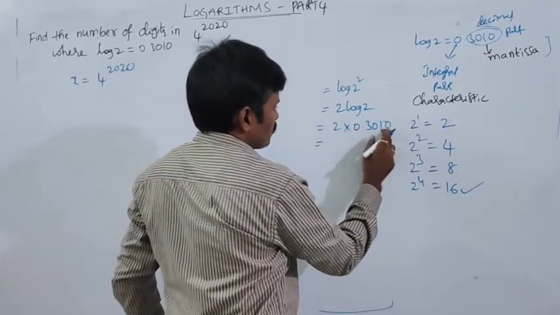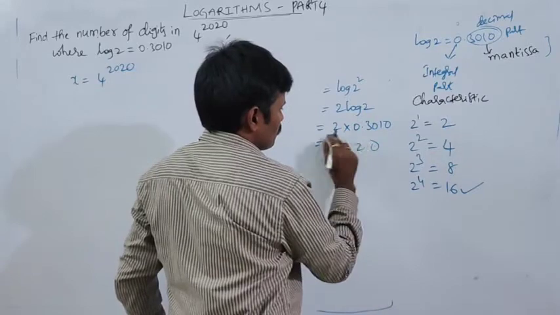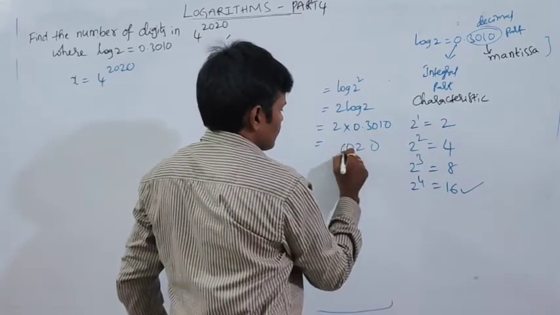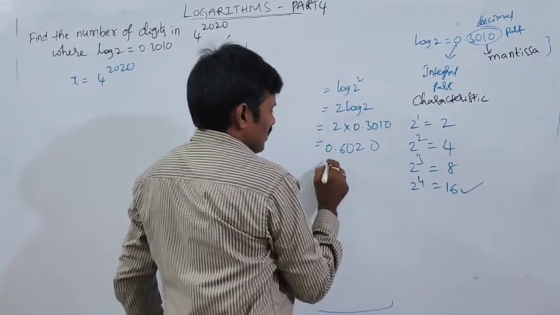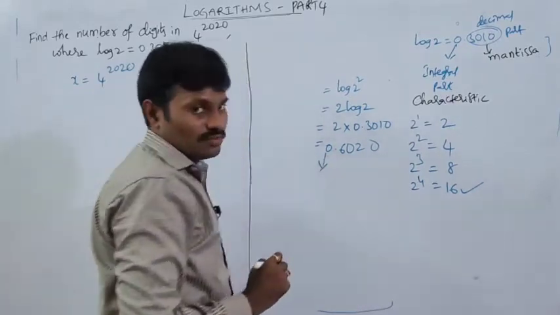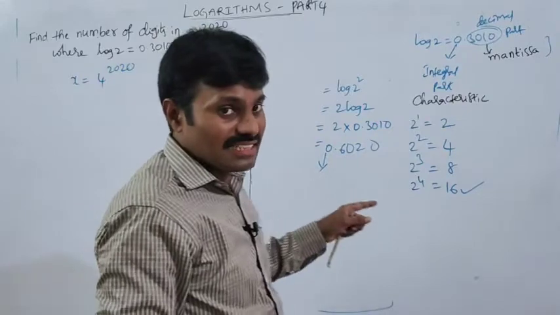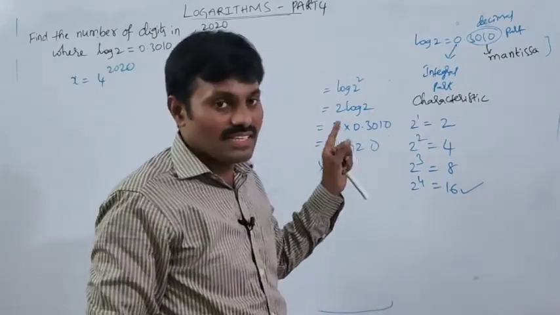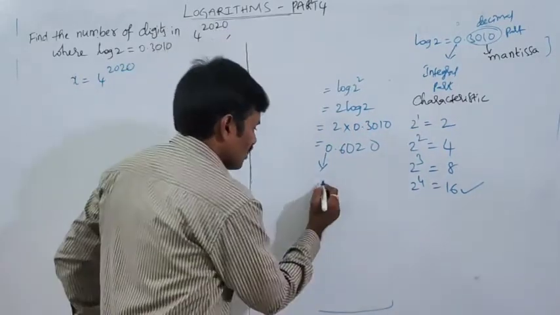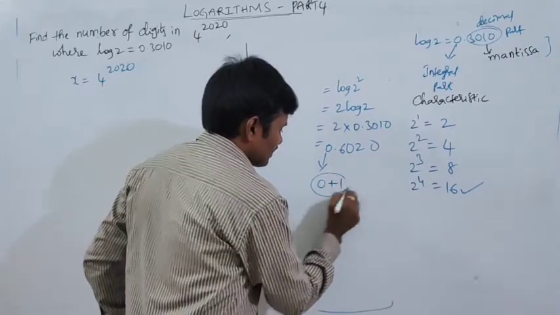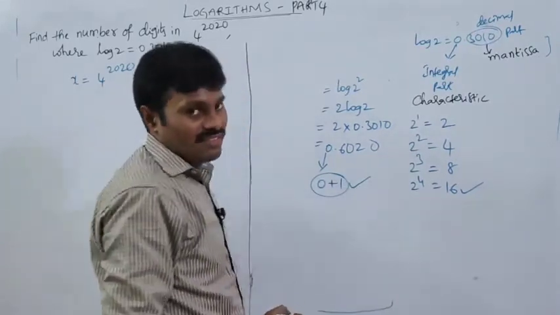So 2 zeros are 0, 2 ones are 2, 2 zeros are 0, 2 threes are 6: 0.6020. In this, what is the characteristic? 0. If the characteristic is 0, then the number of digits in the given exponential number is 1. We have to add 1 to the characteristic. This gives us the number of digits.